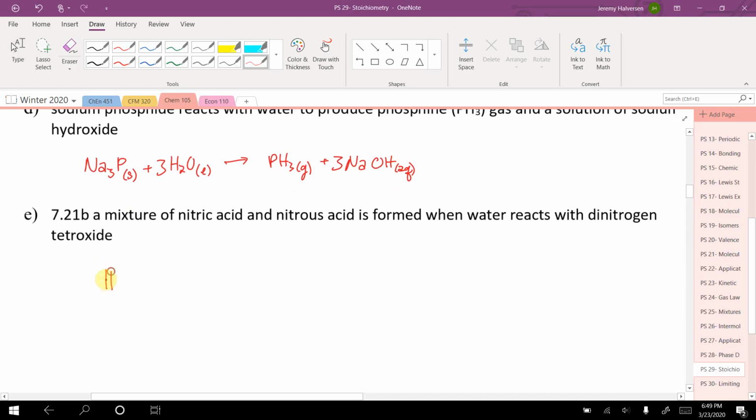Okay, a mixture of nitric acid. Nitric acid is HNO3. Is that right? Nitric acid. And nitrous acid is formed. Oh, so these are products. They just wrote it backwards.